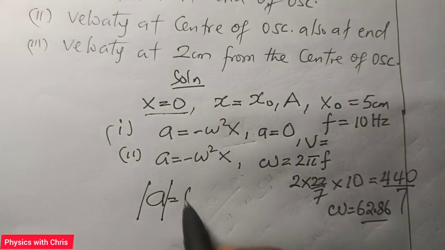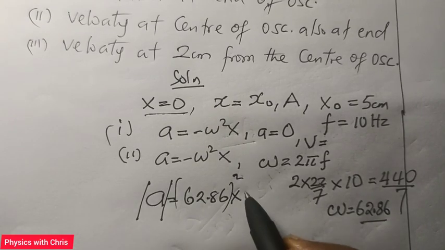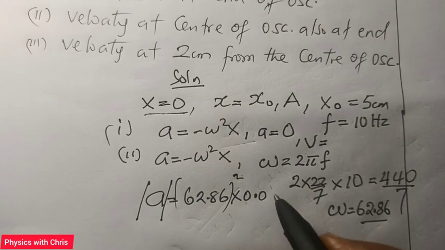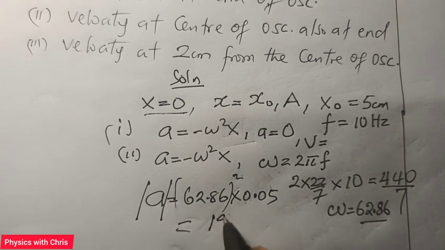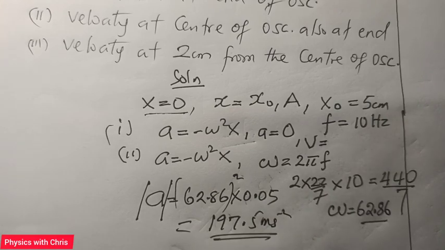So that gives me 62.86 squared multiplied by the displacement, that is the amplitude, 0.05. Squaring that result and multiplying by 0.05, I'm having 197.5 meters per second squared. So that gives the acceleration at the end of oscillation.